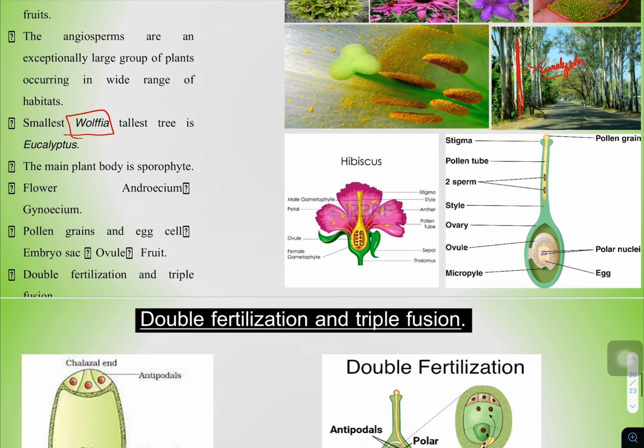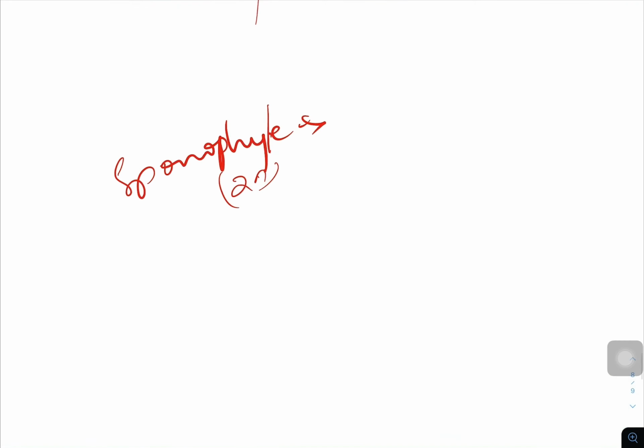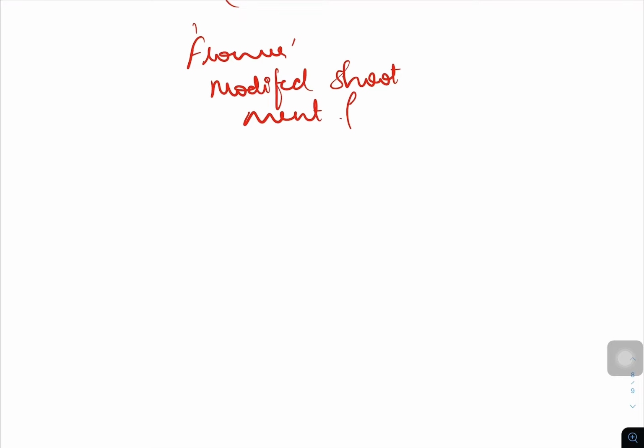When the time of sexual reproduction comes, this sporophyte produces flowers. A flower is a modified shoot meant for sexual reproduction.